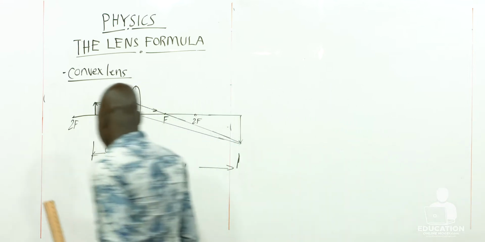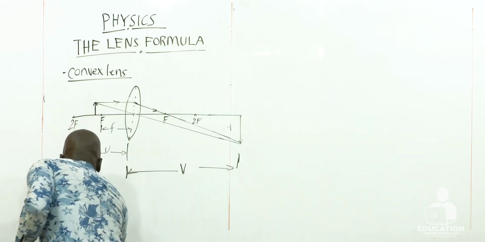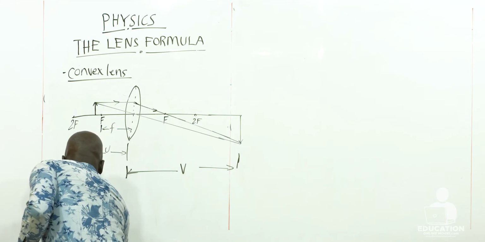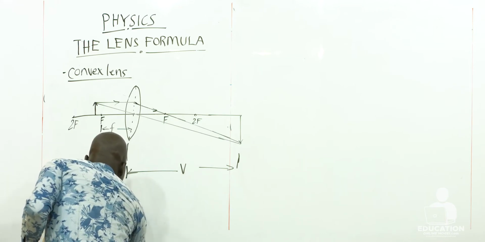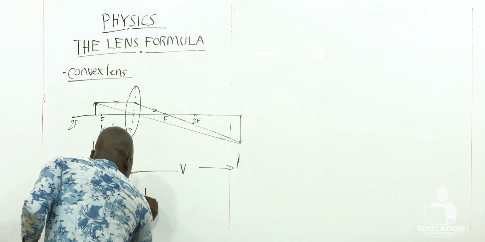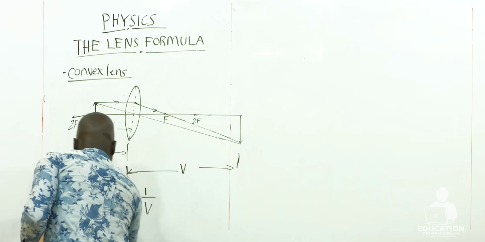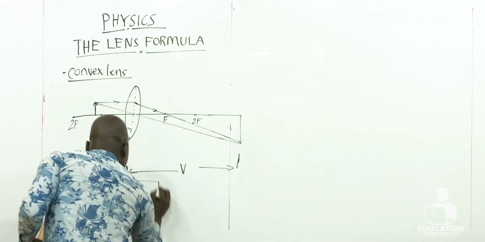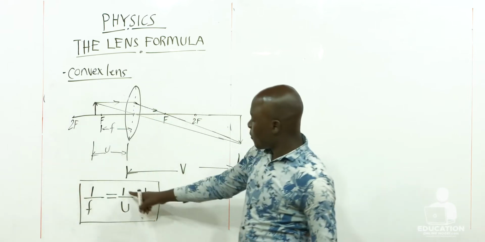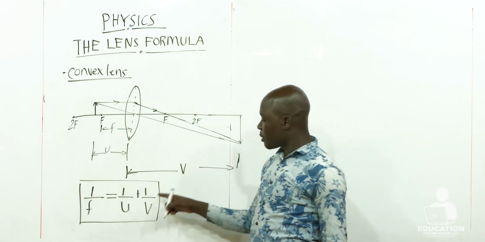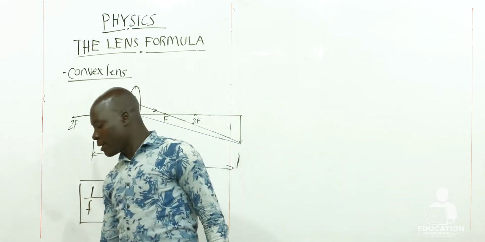Now the lens formula is given by the relation 1 divided by f is equal to 1 divided by u plus 1 divided by v.